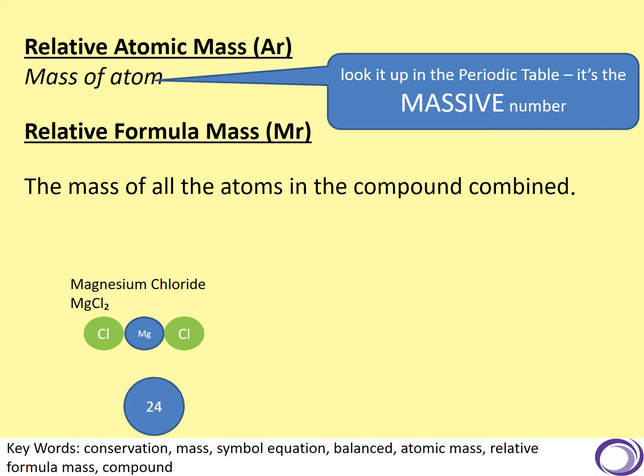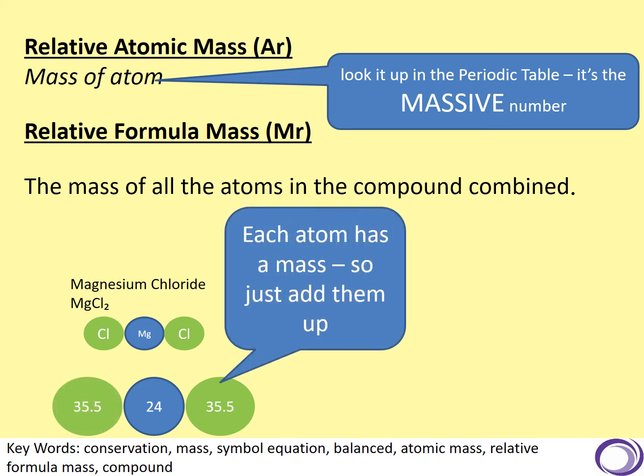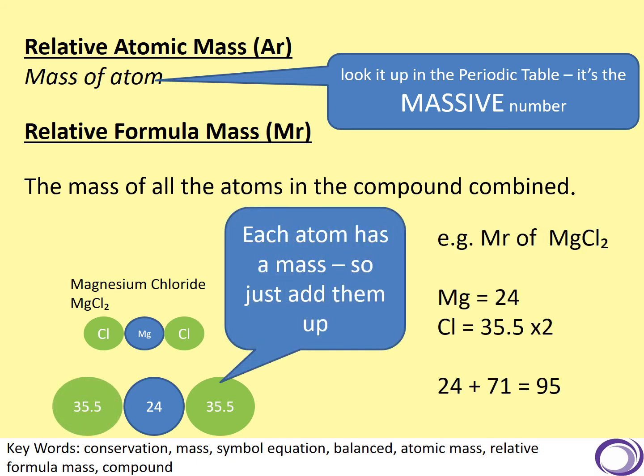And what we would do in order to find out the mass of them, the mass of the magnesium is 24, the mass of the chlorine is 35.5, but remembering we've got 2 of those, so we simply add those masses together and that will give us the relative formula mass of any compound.